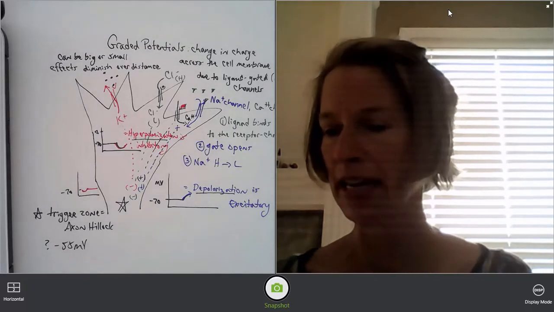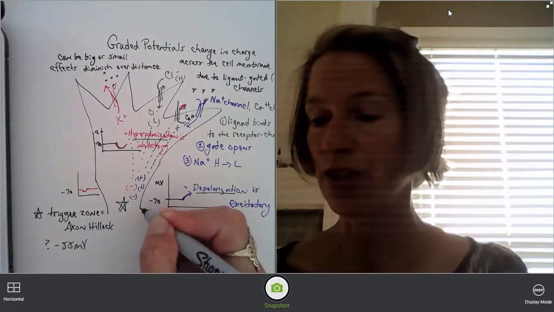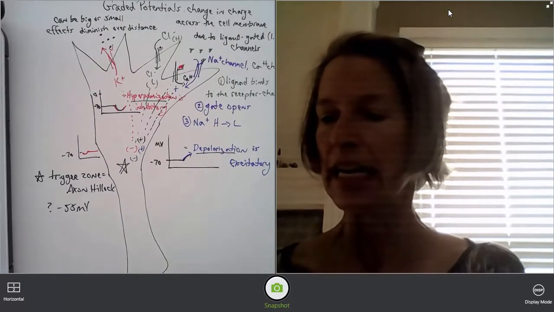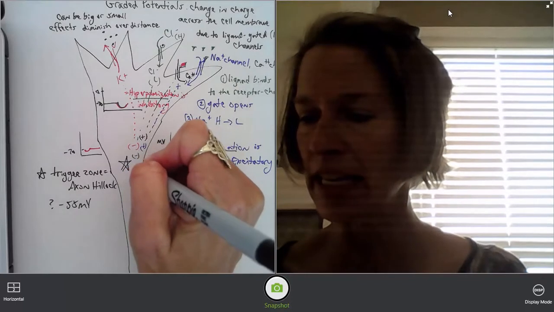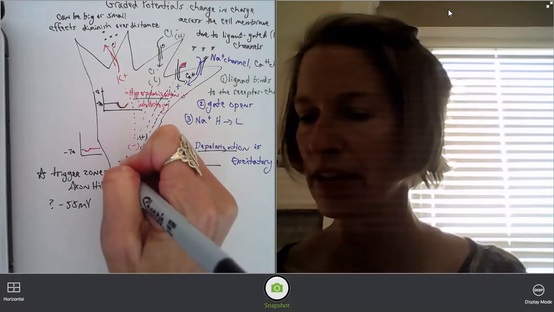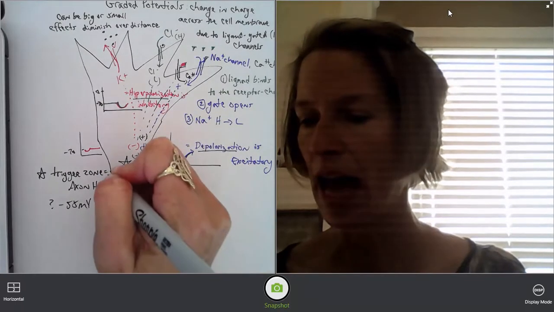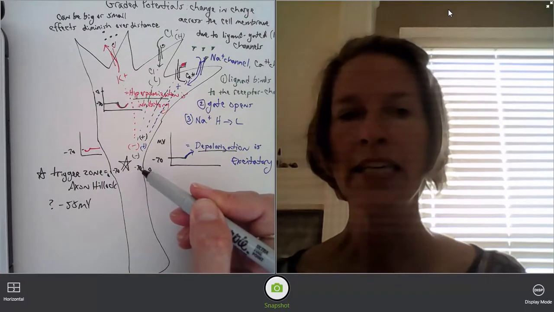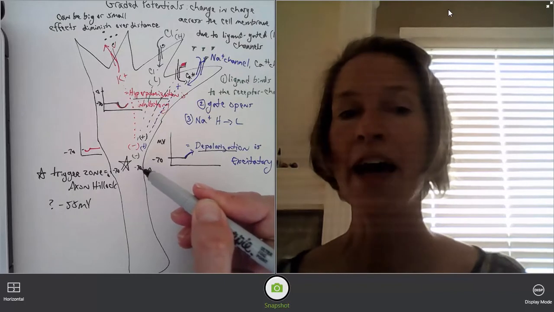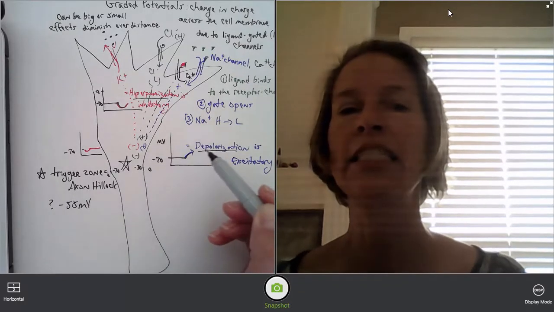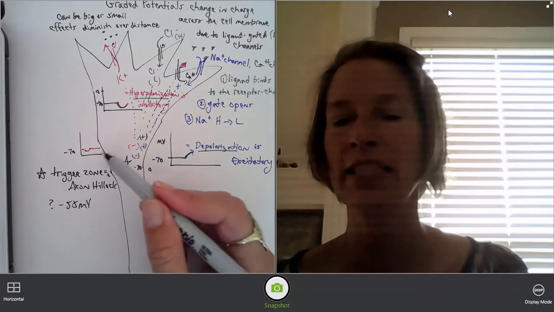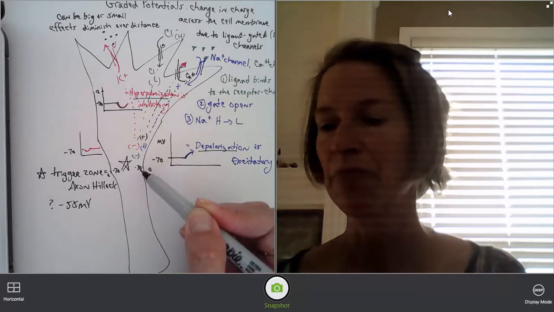Keep in mind, at rest throughout the entire neuron is negative 70 inside the cell compared to 0 outside the cell. So to get from negative 70 to negative 55 at this location is a depolarizing effect, meaning we need to bring this more positive.